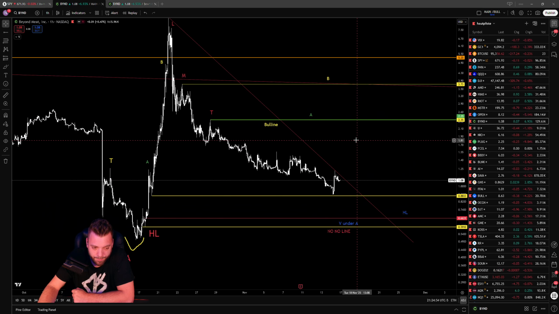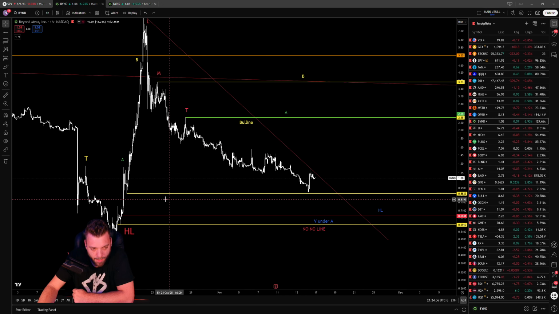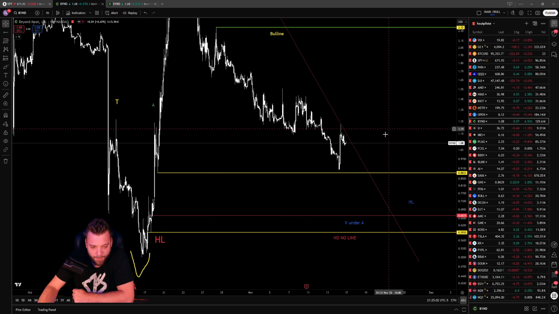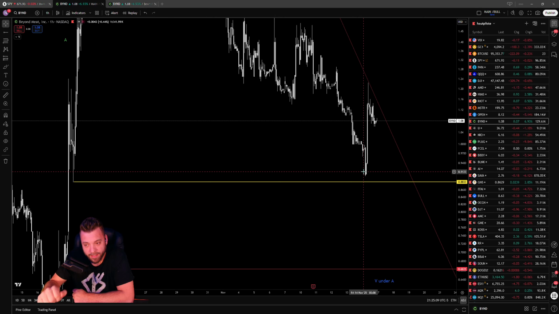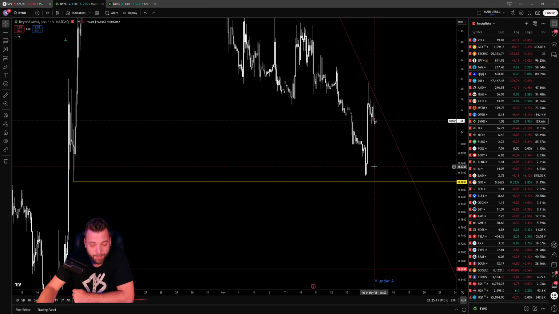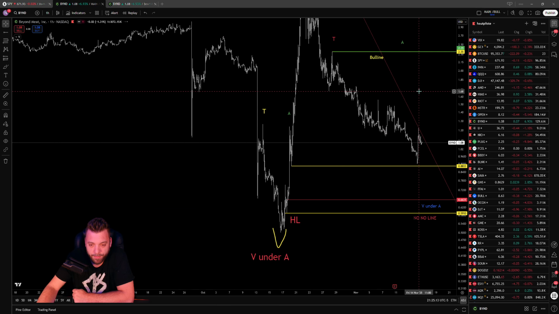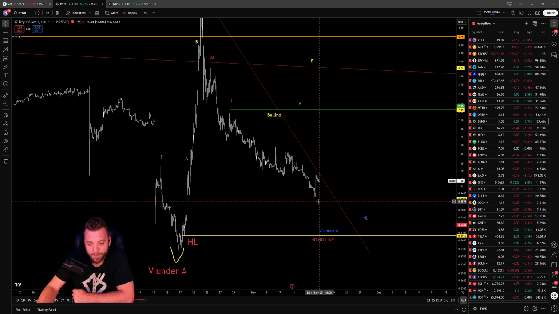So, thing is this. Here is your V under A. This line here. We came absolutely close to it, but we didn't hit it. Same problem like open. The only thing is, open was bouncing on the 0.5. On the 0.5 you can be higher.